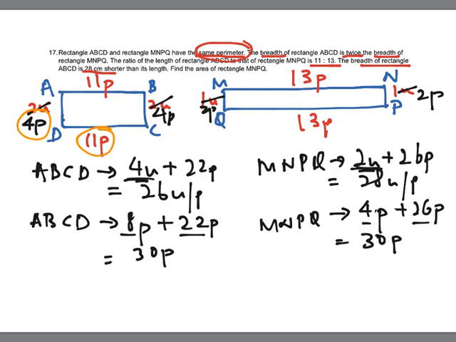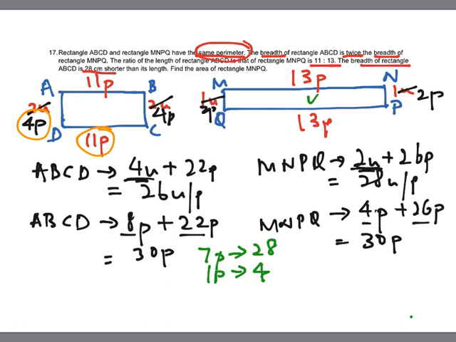So solving the question, 7 parts is 28, 1 part is 4, and I'm asked to find the area of MNPQ.